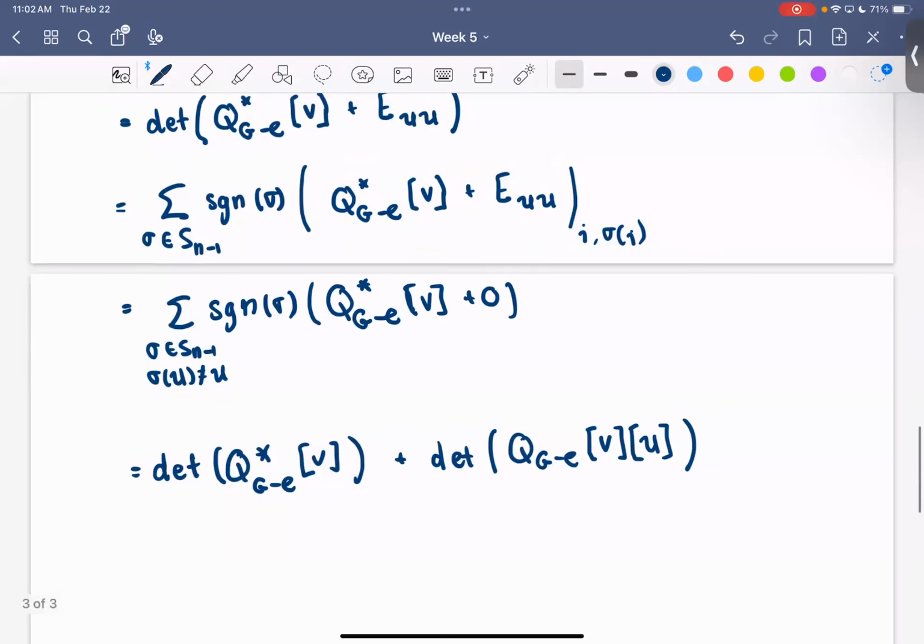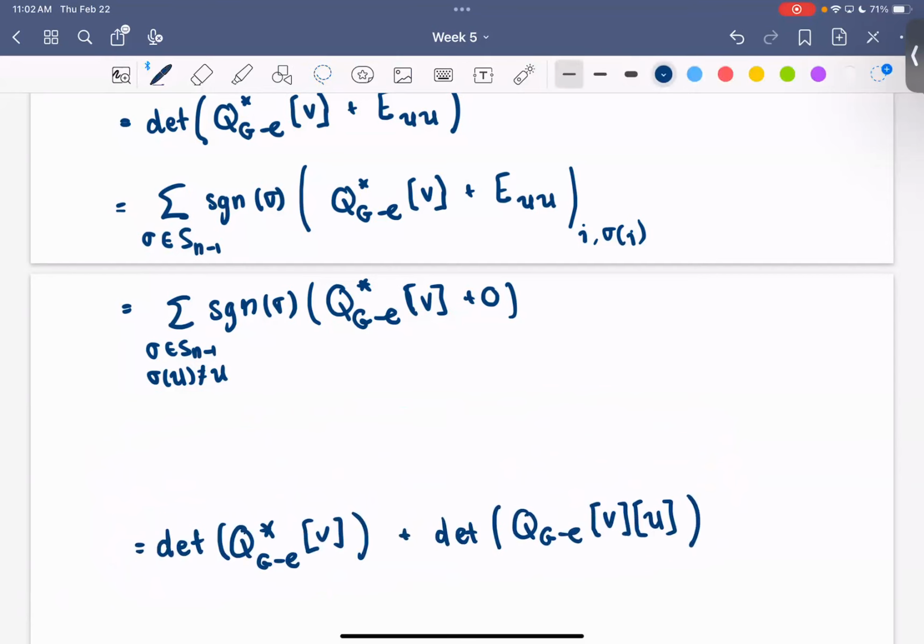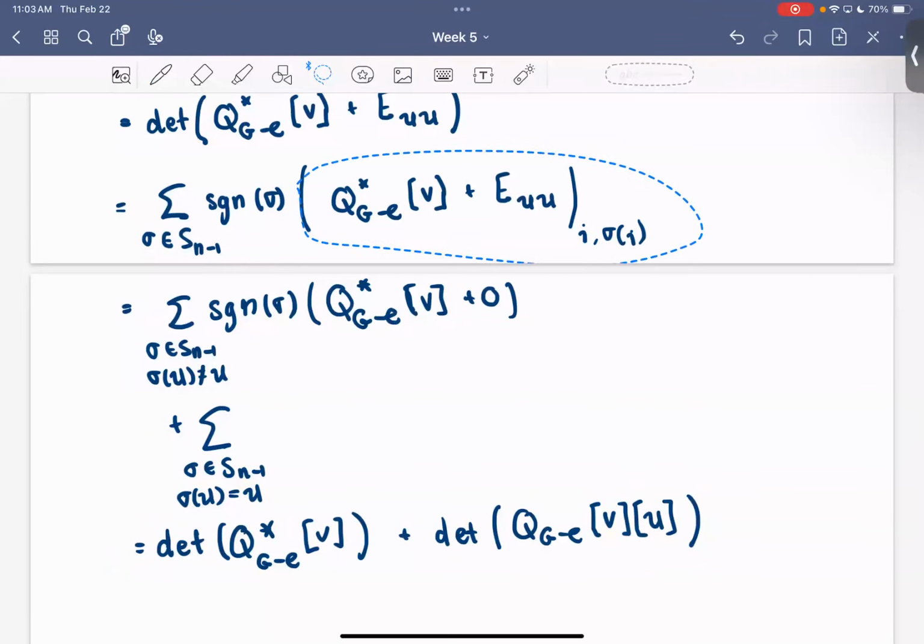Okay, and then we have some contribution from permutations that do fix U. So we need plus the sum over the permutations that we left out. And I'm missing a whole product here, right?